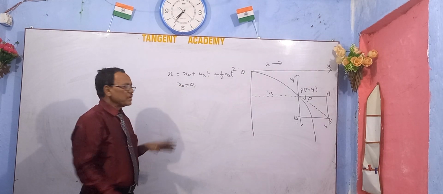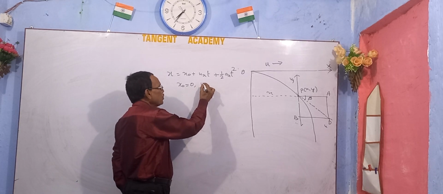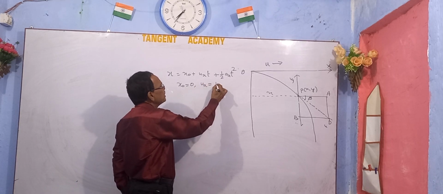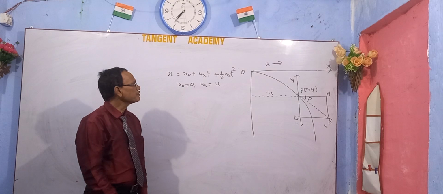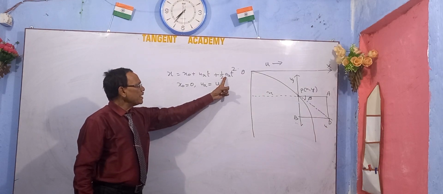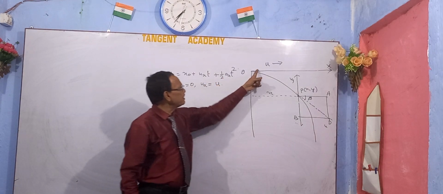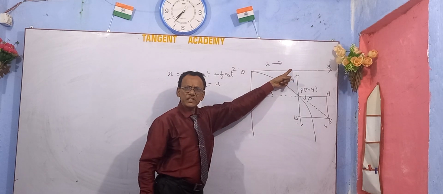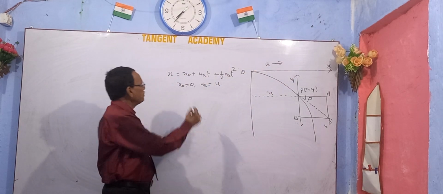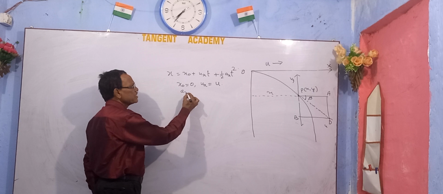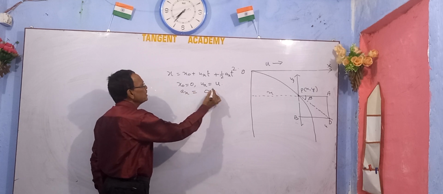As well as, we have thrown it initially at the velocity of u. And as the horizontal velocity is uniform, acceleration will be 0. Therefore, ax is equal to 0.